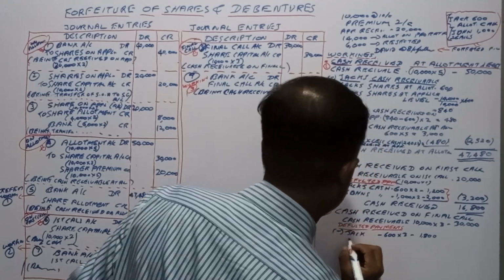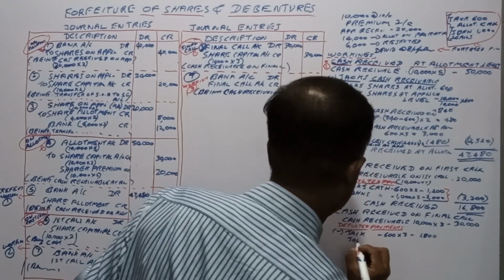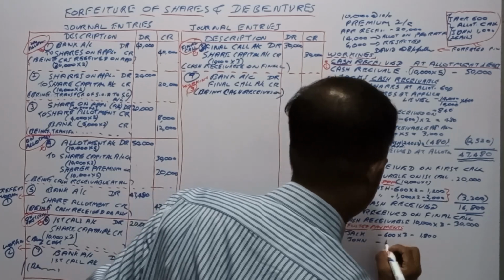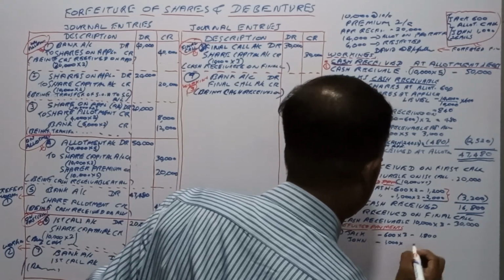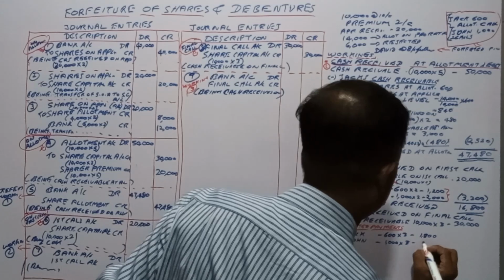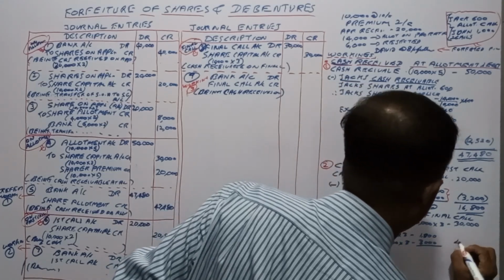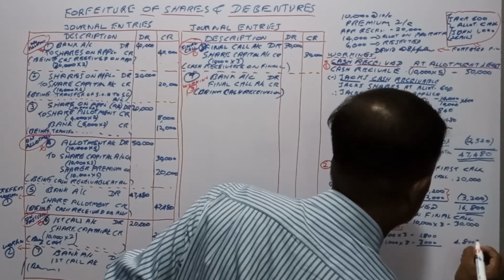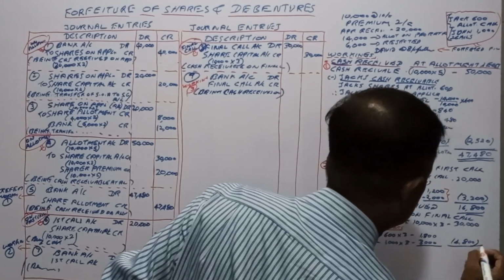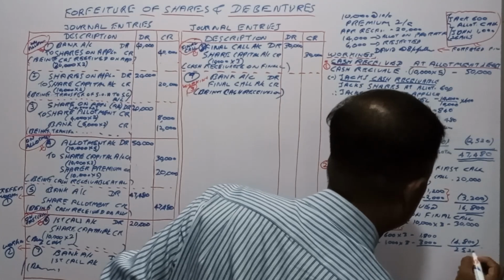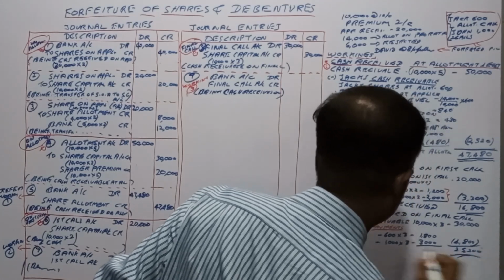And John is 1,000 into 3. That is 3,000. Then here we will get 4,800, then 25,200 is cash received.